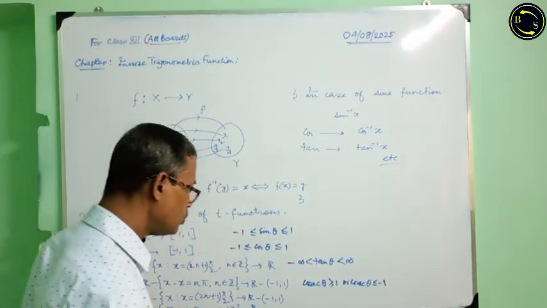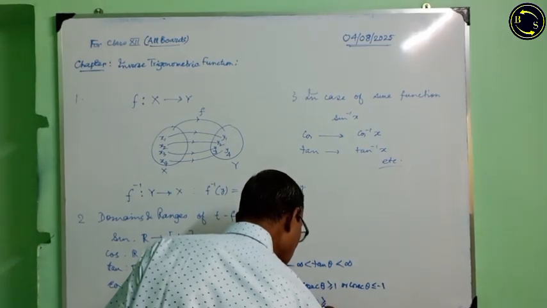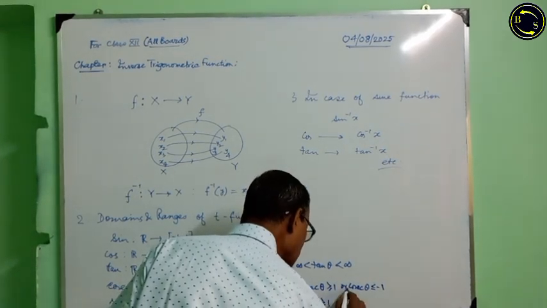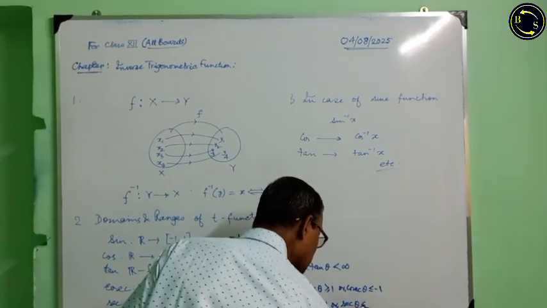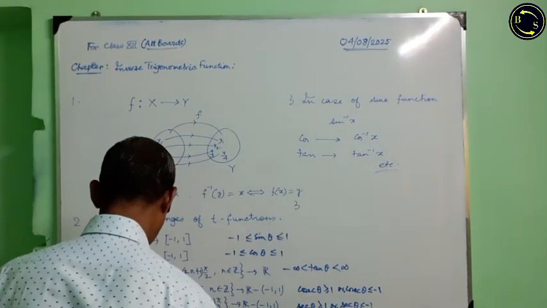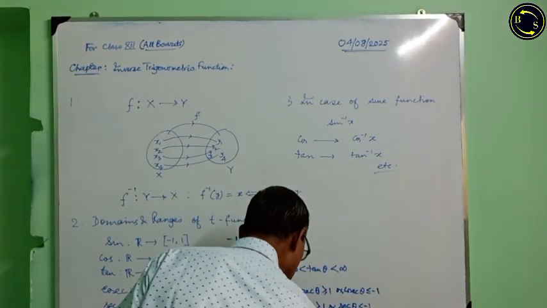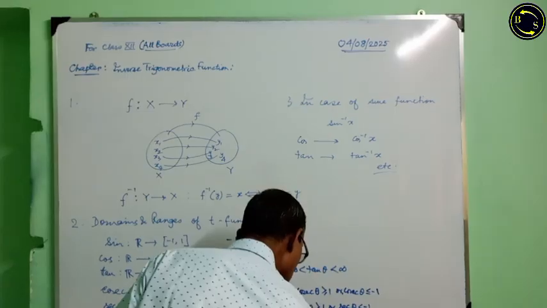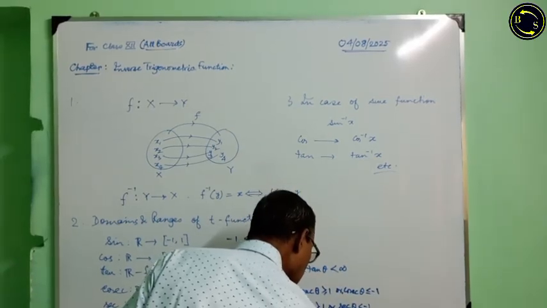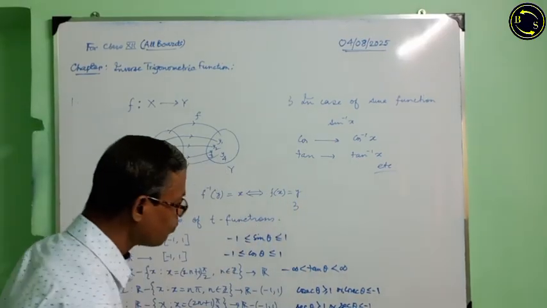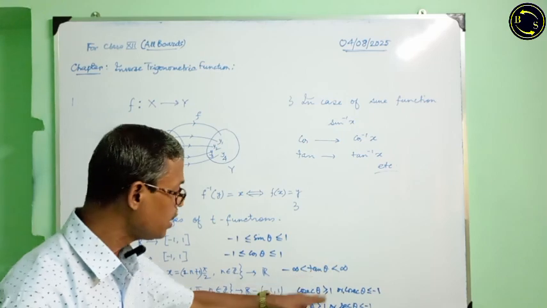And for sec theta also, sec theta greater than equal to 1, or sec theta less than equal to -1. And for cot theta, this is also minus infinity to infinity, already you have learned earlier.